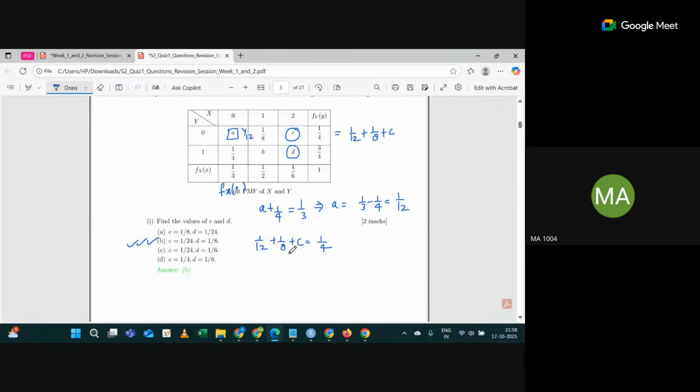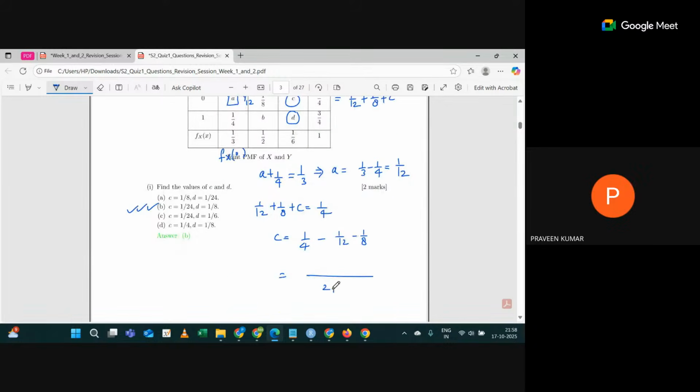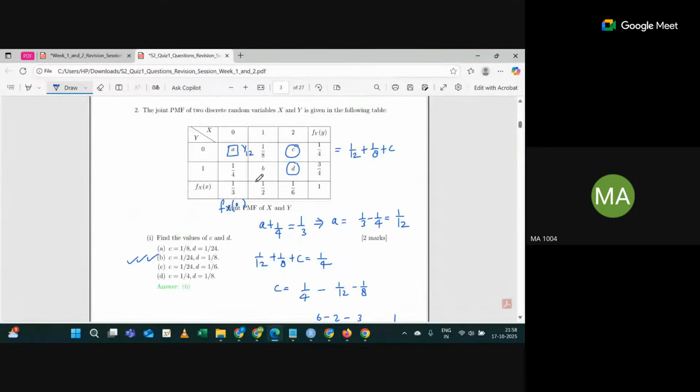So from here, C will be 1 by 4 minus 1 by 12 minus 1 by 8. Let's take LCM, so it will be 24. 6 minus 2 minus 3, this is 1 by 24. So 1 by 24 is there.